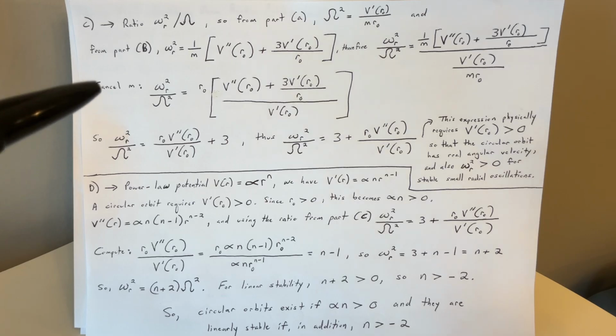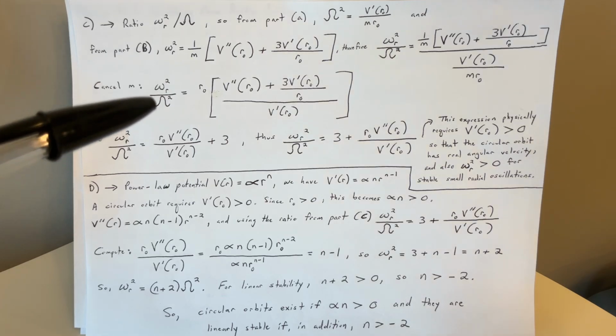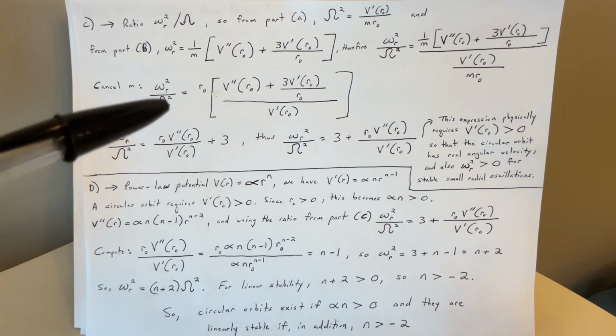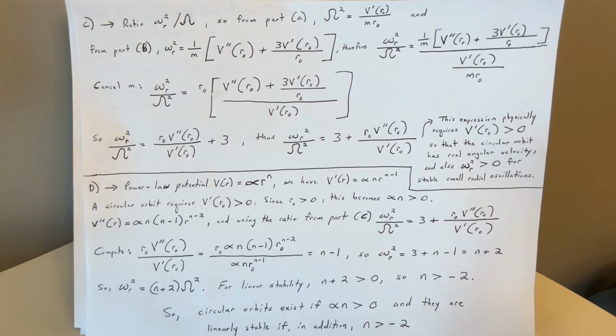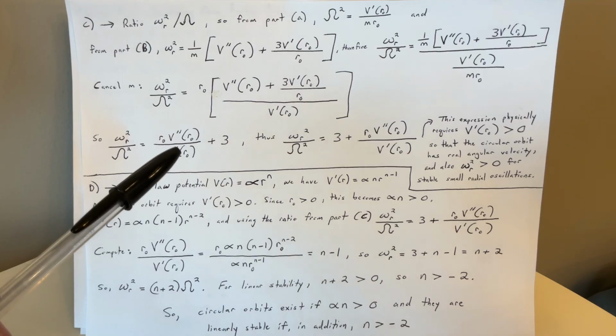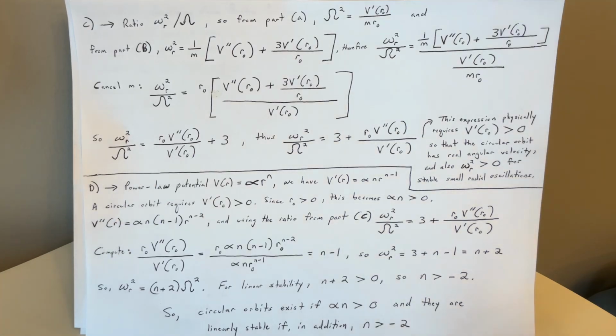Now, getting rid of the m's, omega sub r squared over capital omega squared equals r naught, bracket, V double prime of r naught plus 3V prime of r naught divided by r naught, divided by V prime of r naught, close bracket. So lowercase omega sub r squared over capital omega squared equals r naught V double prime of r naught divided by V prime of r naught, and then plus 3.